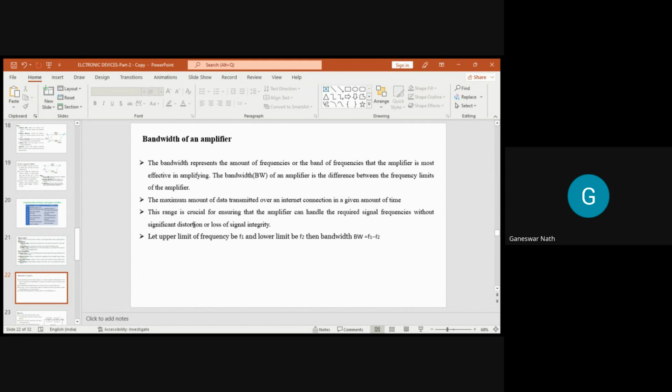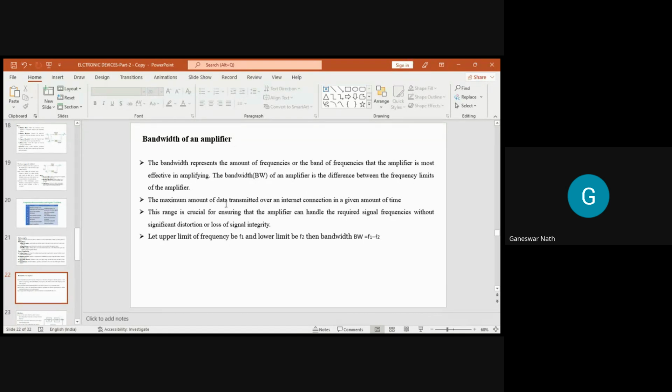From which value of frequency to which value of frequency, that is called the range of frequency, or the difference between the upper half frequency and the lower half frequency, which we call the bandwidth. Whenever you talk about broadband or narrow band in your mobile or any device operation, you are asking about the bandwidth.